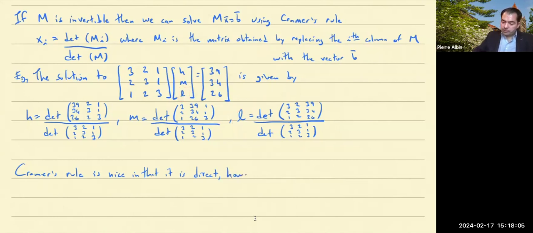However, Gaussian elimination is far superior in that it requires fewer operations.